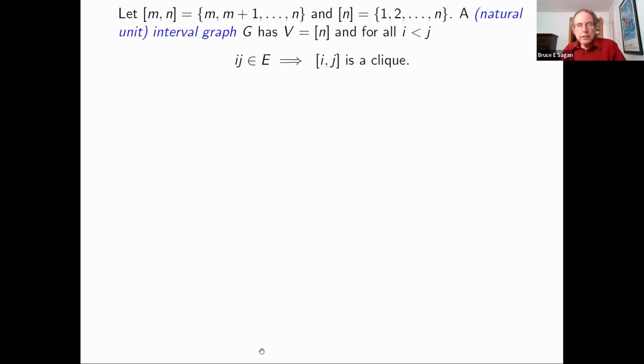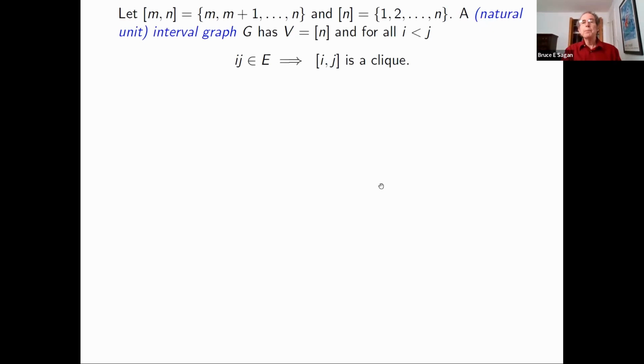And then a natural unit interval graph G is defined as follows. The vertex set has got to be the numbers from 1 to n. So that means in particular, if I've got an edge, I can compare the sizes of the two endpoints.